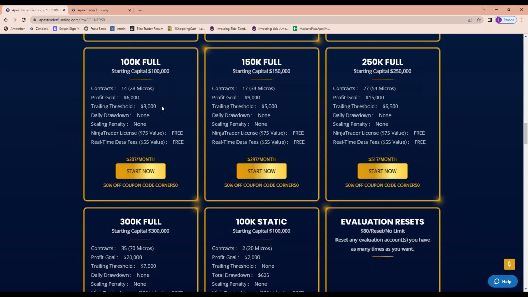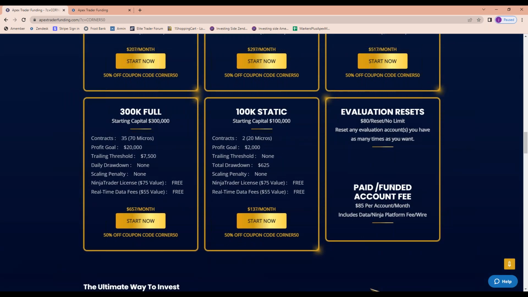After you pass this evaluation account, that billing's gone because that evaluation account no longer exists. It's now become a paid funded account. The only fee for that is an $85 a month fee. That covers the account, our trader, the Ninja key, the data feeds, and a wire transfer fee for your withdrawal. Everything is covered in that.